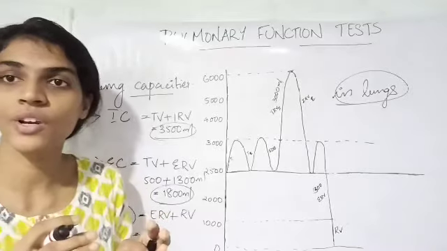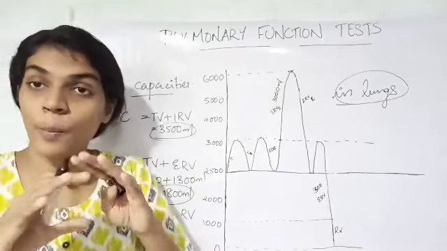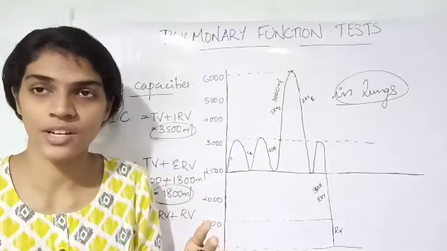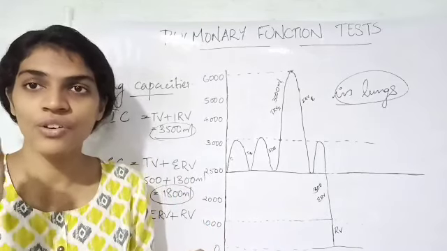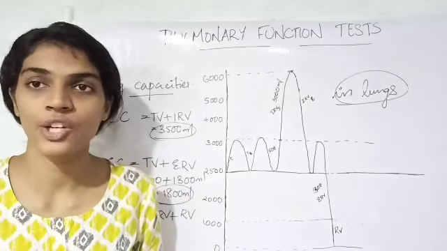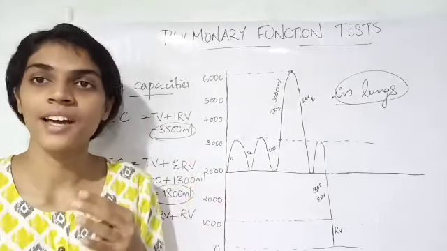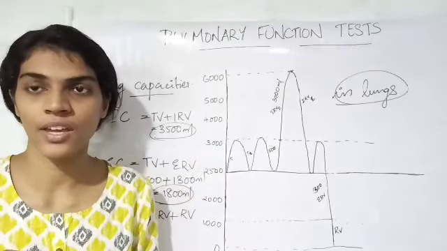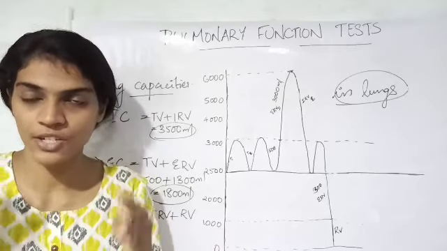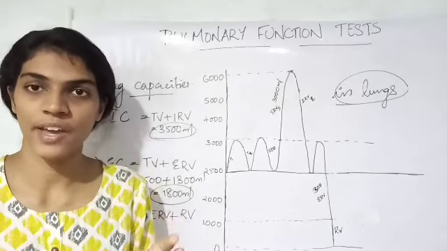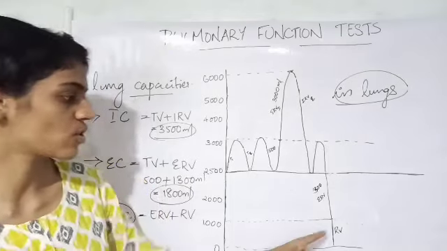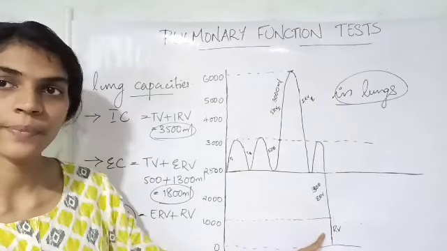For performing a forceful expiration, what amount of air should be there inside your lungs? Inside the lungs there is always a volume of air. We cannot compromise that. There is always a volume of air residing within the lungs, that is known as the residual volume.